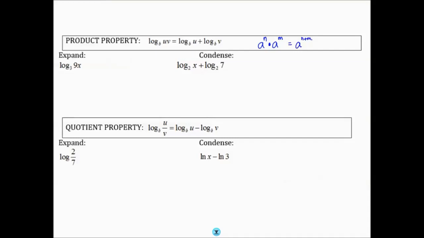So since logarithms always equal the exponent of an exponential, logarithmic properties are related to properties of exponents. So the product property says if you have log base b of u times v, you can expand that to log base b of u plus log base b of v.